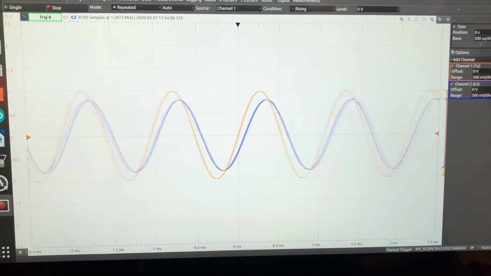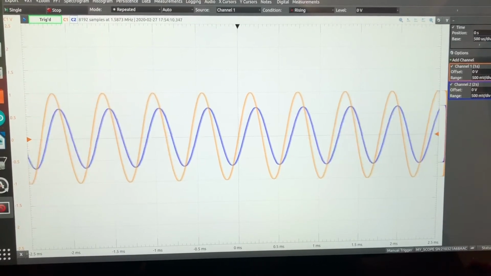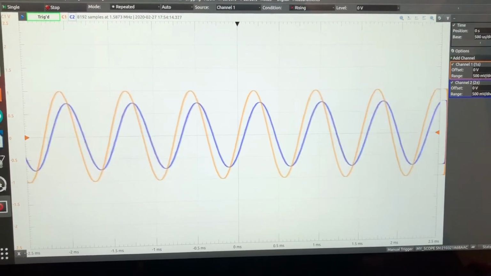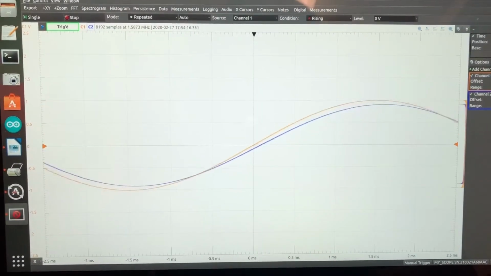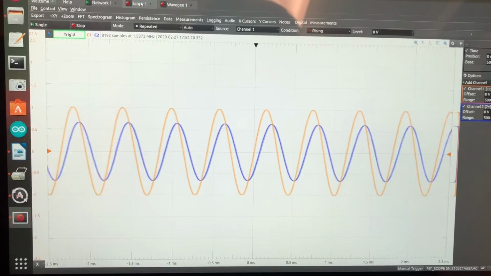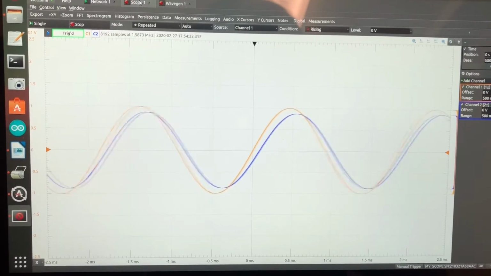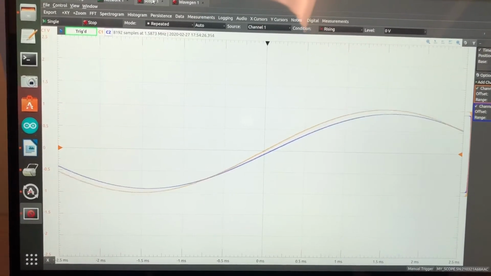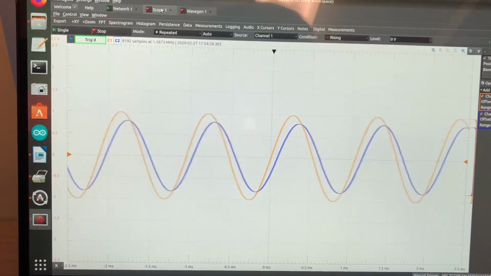the input is growing in frequency, so it gets smaller lengthwise, but the output, the blue one, also shrinks or attenuates as the frequency increases.